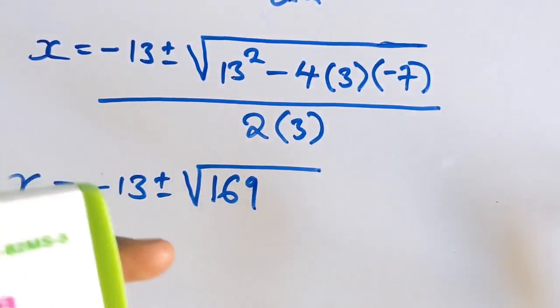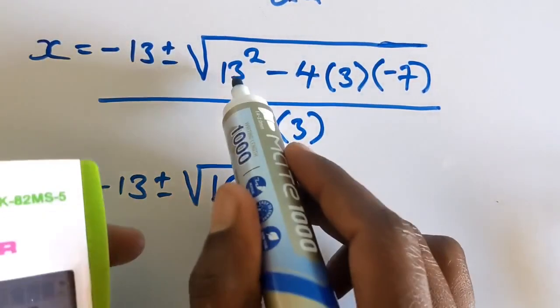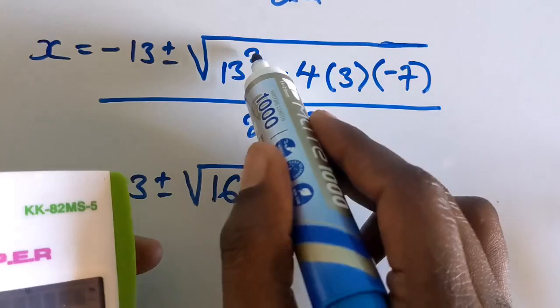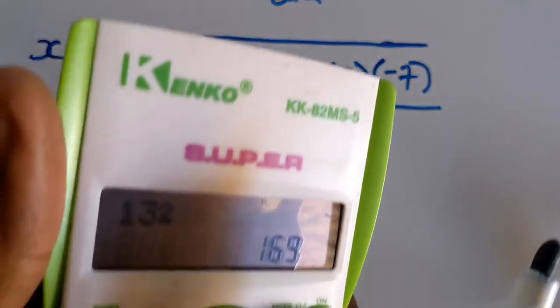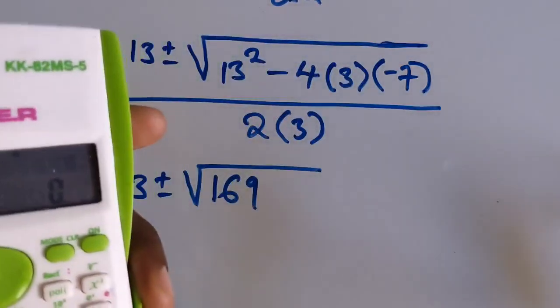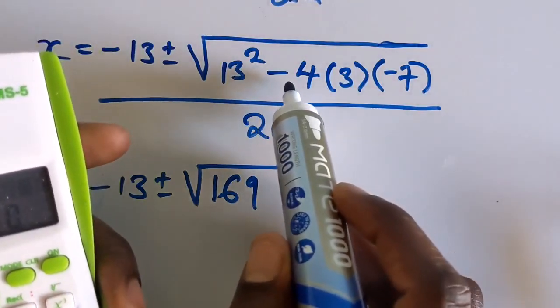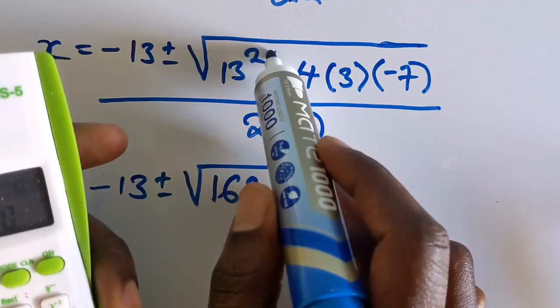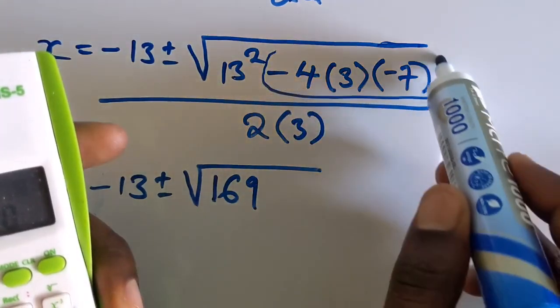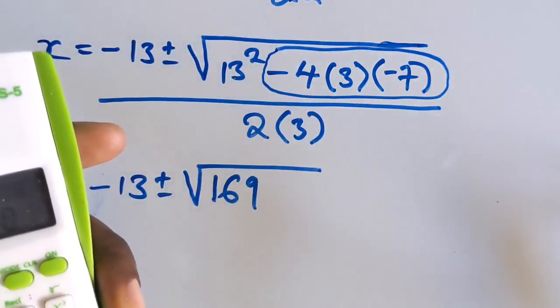So make sure that you do the square of this. That is what I've just done. Then from here you copy it together with the negative like this. Just punch it together with the negative.